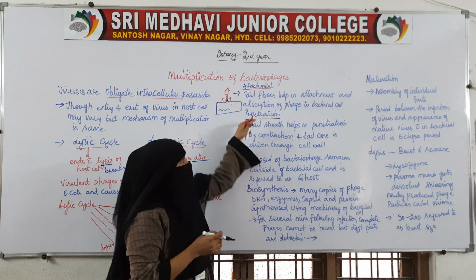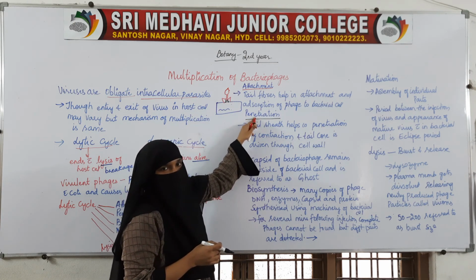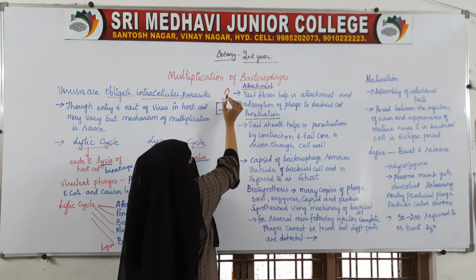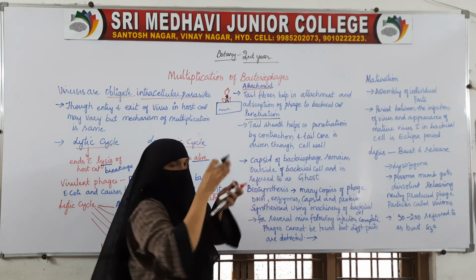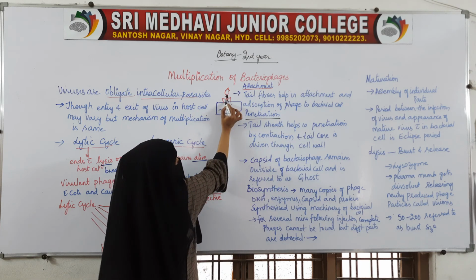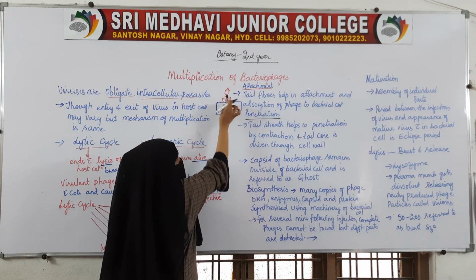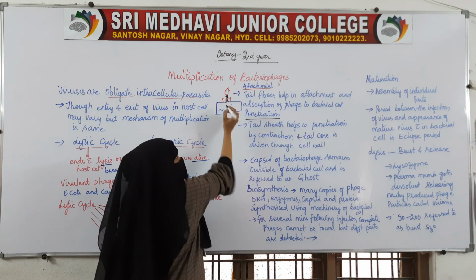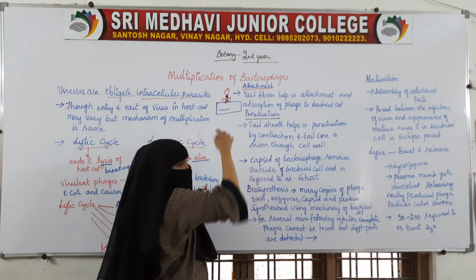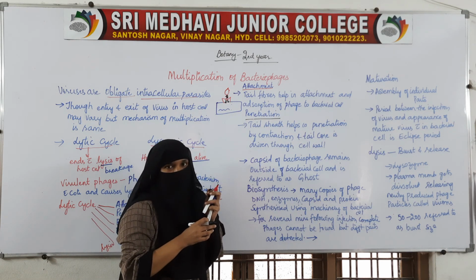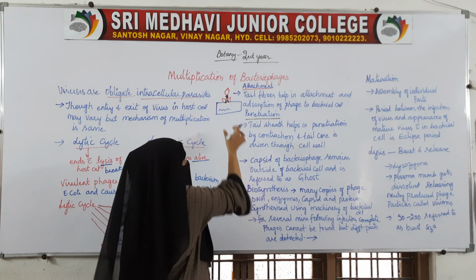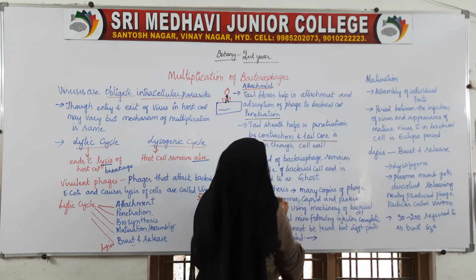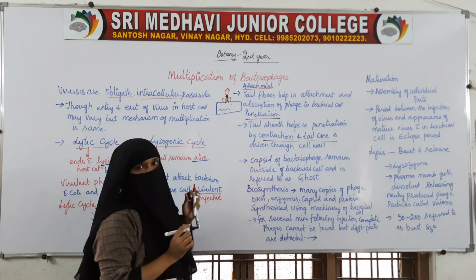So what happens in the next stage is penetration. In this stage, the tail sheath contracts, and because of this contraction, the pin gets pressure. Pressure is put on the pin, and the pin will make a hole, that is, it will inject itself inside. So the tail sheath helps in penetration by contracting the tail core, which is driven through the cell wall.